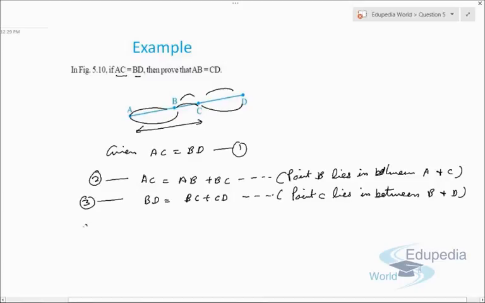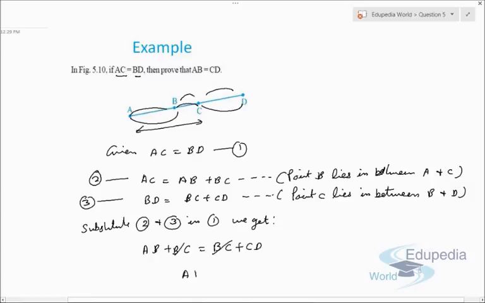Then we substitute 2 and 3 in 1. So we get AC can be written as AB plus BC, and BD can be written as BC plus CD. So this and this will cancel out, so we get AB equals CD, which is what we wanted to prove. So this is how we can solve these types of questions.